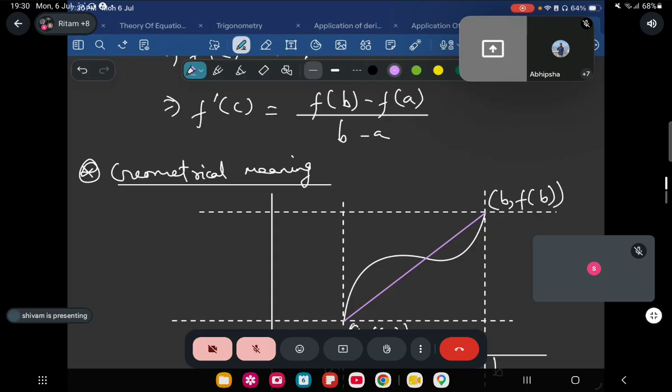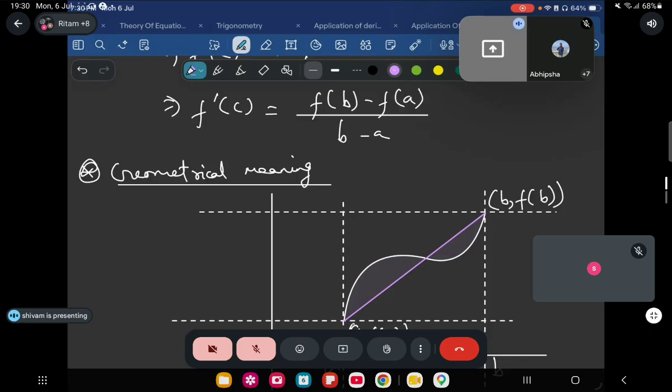Right. Now what does LMVT say? LMVT says that there exists at least one C in this interval such that the tangent at that point, f dash c, means the slope of tangent, will be parallel to this chord.